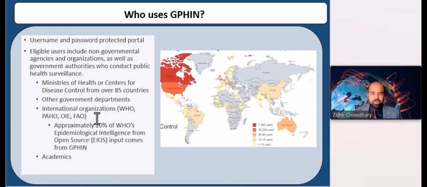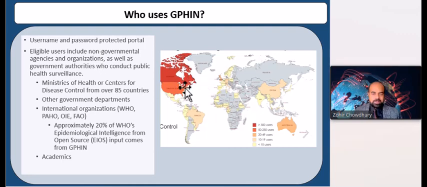You also have international organizations such as the WHO, PAHO, OIE, and FAO, and approximately 20% of WHO's epidemiological intelligence from open source input comes from GPHIN. Besides all of this, academicians, especially epidemiologists or health academicians, also qualify to open a free account in GPHIN.